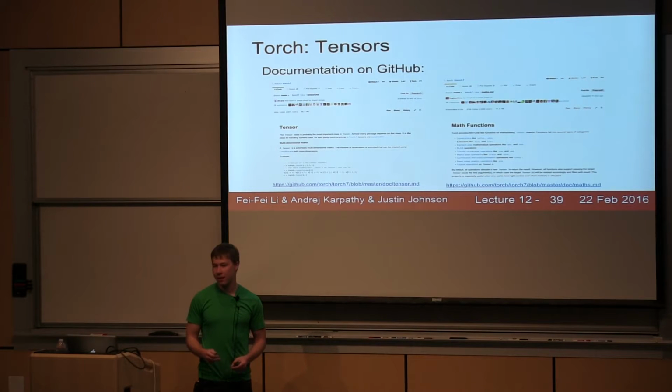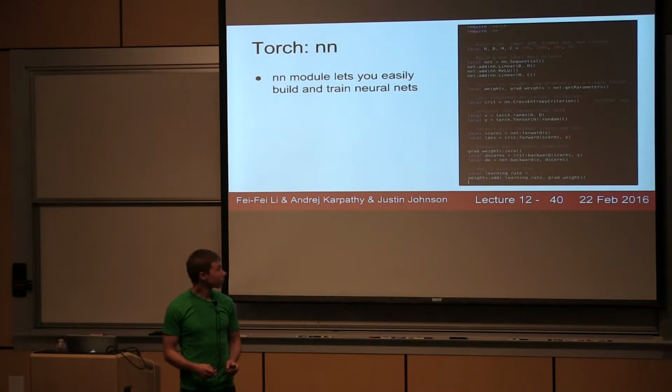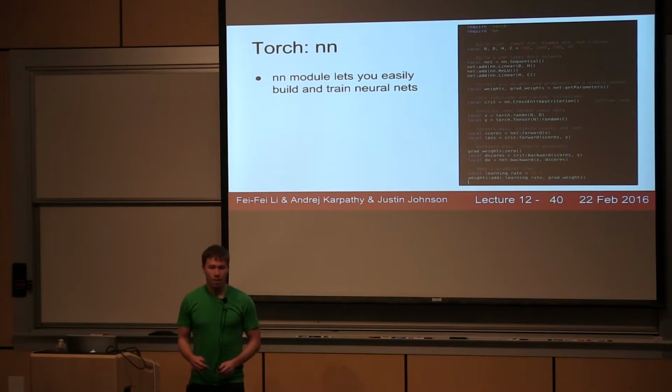Like I said, you should think of these tensors as similar to NumPy arrays. There's a lot of documentation on the different kinds of methods that you can work with in tensors up here on GitHub. This documentation isn't super complete, but it's not bad, so you should take a look at it. But in practice, you end up not really using the tensors too much in Torch.